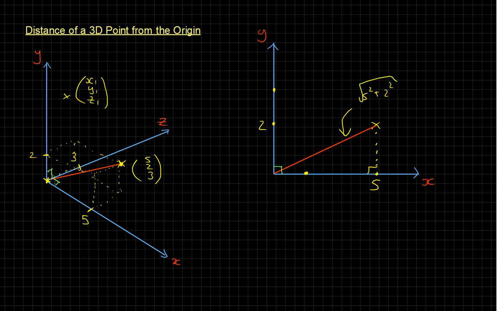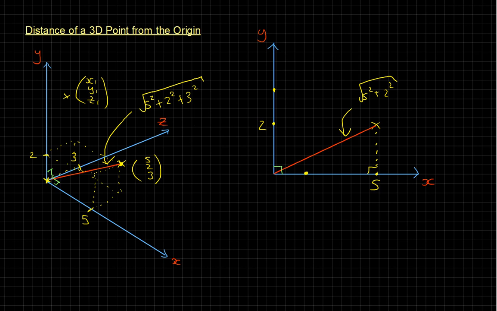And similarly, and it's not just magic, you can work it out by doing multiple versions of Pythagoras, by considering a few different triangles before you consider the red line. See if you can derive it yourself. But in this case, you're going to do 5 squared plus 2 squared plus 3 squared and square root it. Okay, so it's nice and simple.